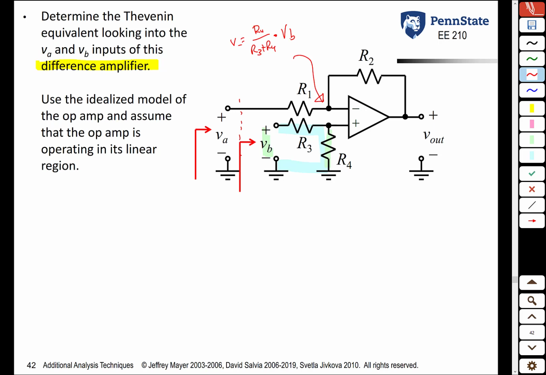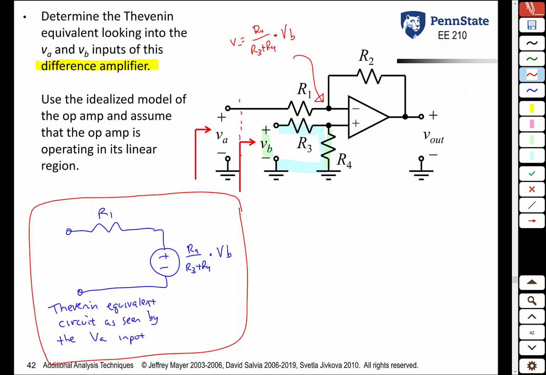So that means that all that VA sees is this resistor R1, and then it sees a voltage source equal to R4 over R3 plus R4 times VB. So this is the Thevenin equivalent circuit as seen by the VA input.